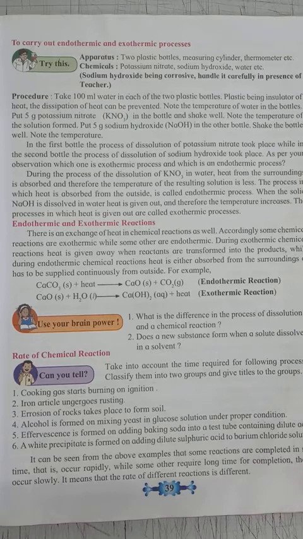A question can be asked in your exam: in an endothermic reaction, heat is absorbed by the substance, so why does the temperature of the solution not increase? In an endothermic reaction, when heat is absorbed and the chemical reaction takes place, a new substance is formed. While the new substance is formed, bonds between the substances break and new bonds are formed.